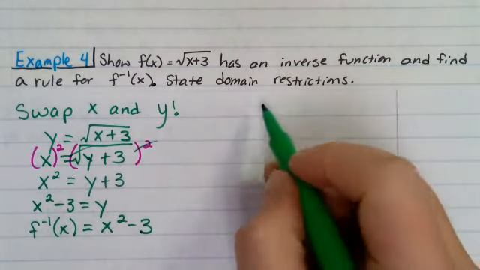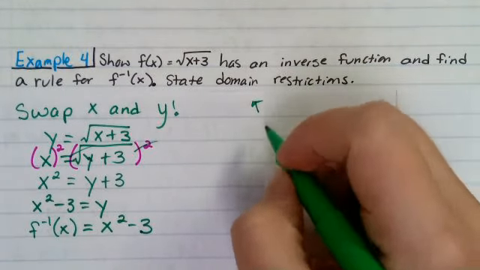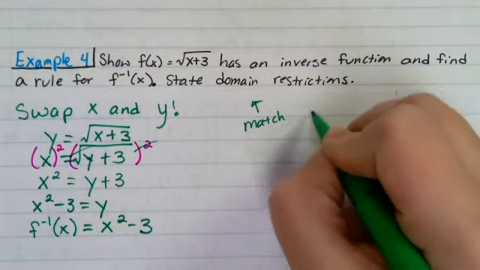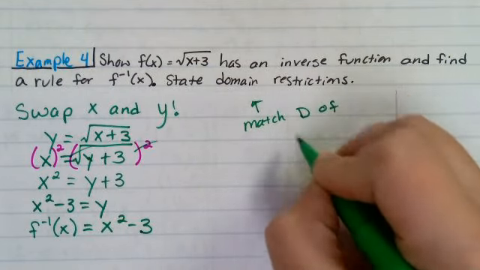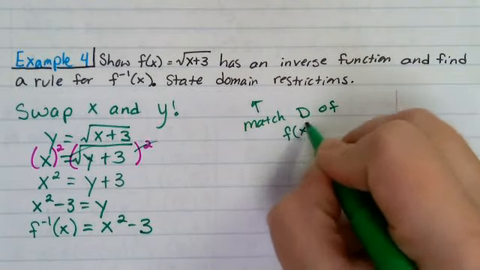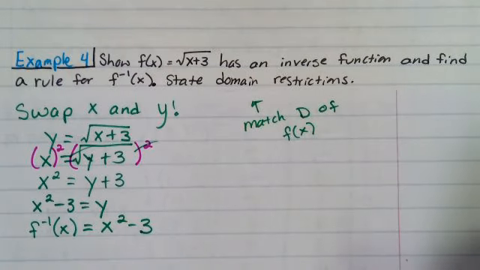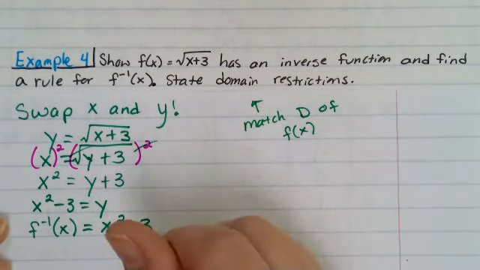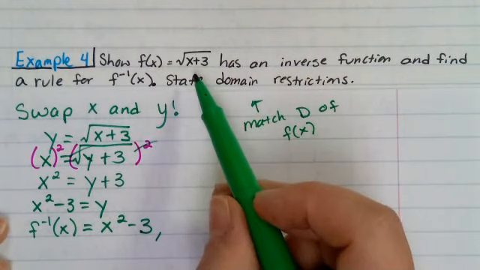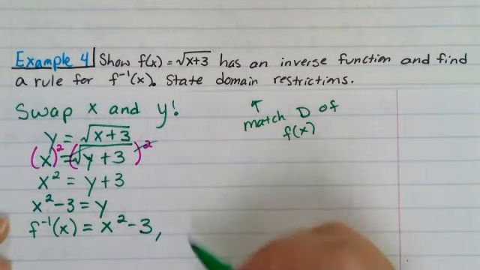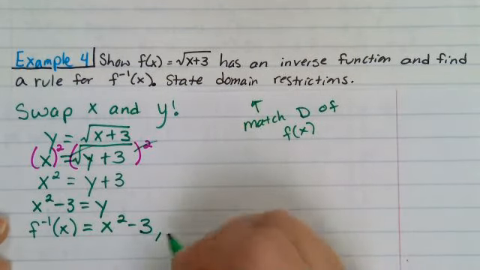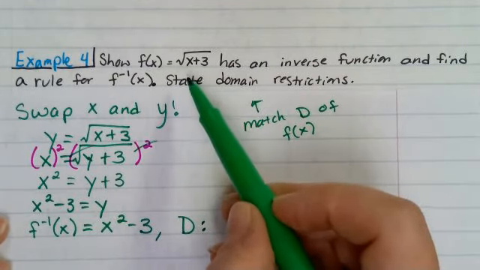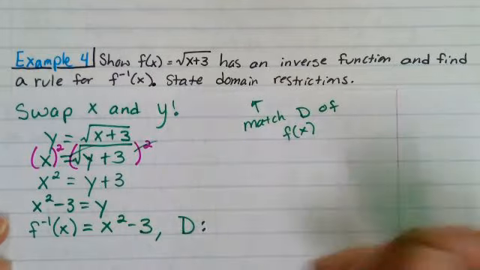Now the domain needs to match the domain of the original. So match the domain of f of x. That's what we need to look out for. They said state the domain restrictions. The domain restrictions of the original function are going to also be in place here. Because that was a square root function, you've got to think about what's going to cause this to be negative.